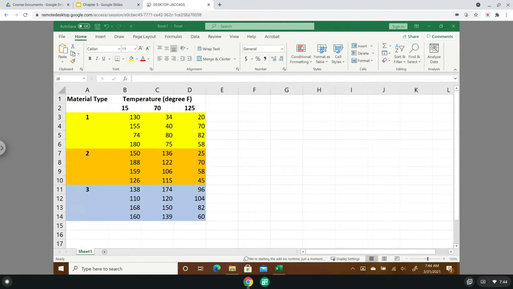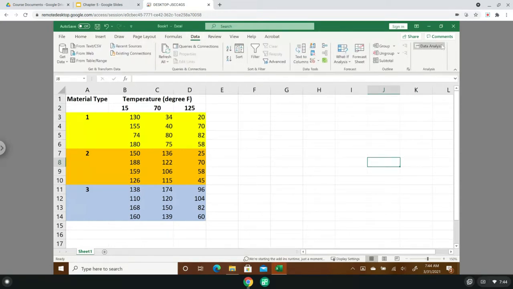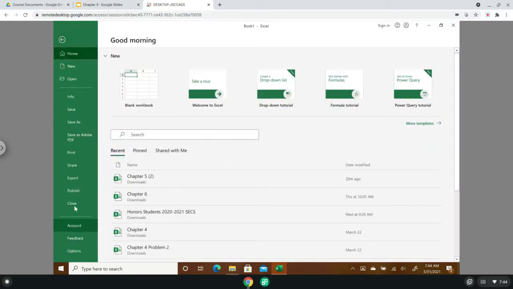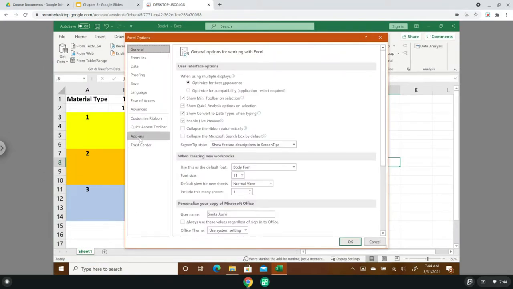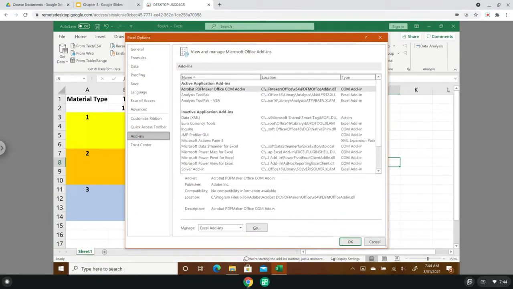Now what you need to do is, in Excel, you can click on the Data tab, and in the Data tab, you have something called the Data Analysis option. Now, if you don't have that option, you need to go to File, then Options, then Add-ins, and here we have to add in the Analysis ToolPak.